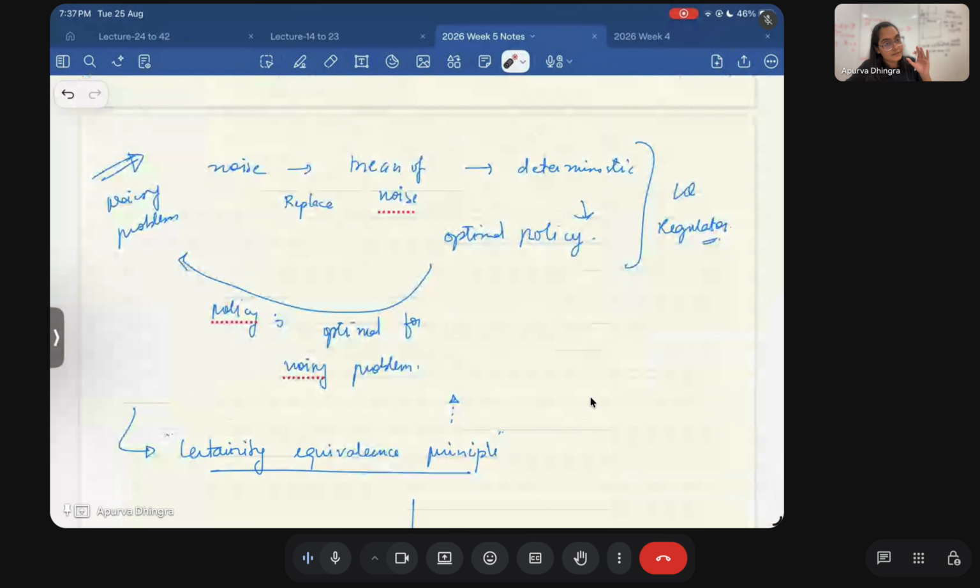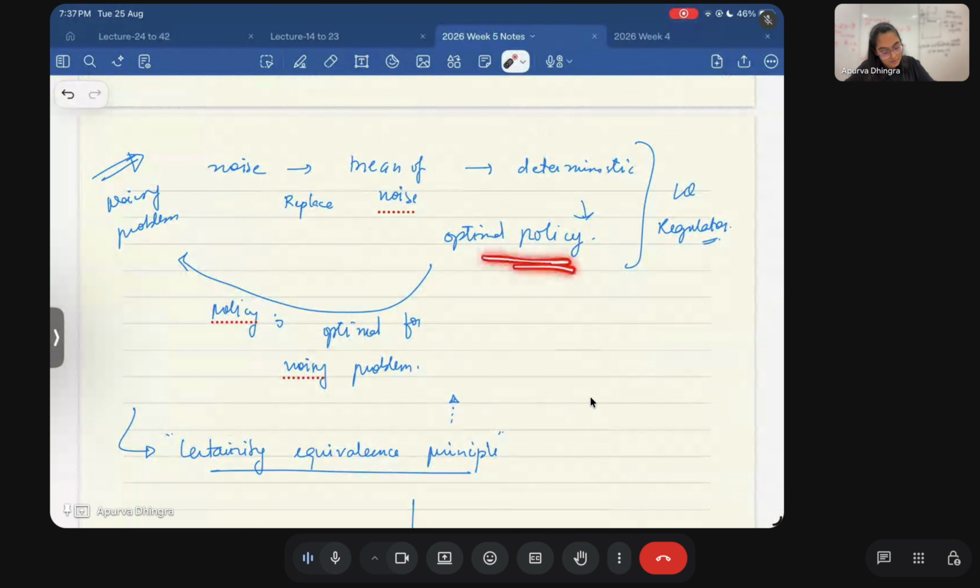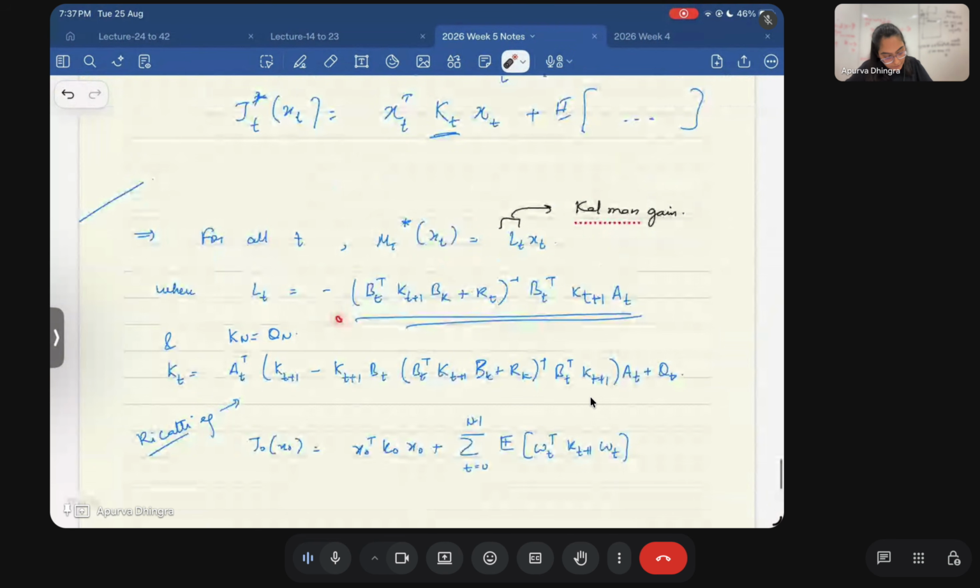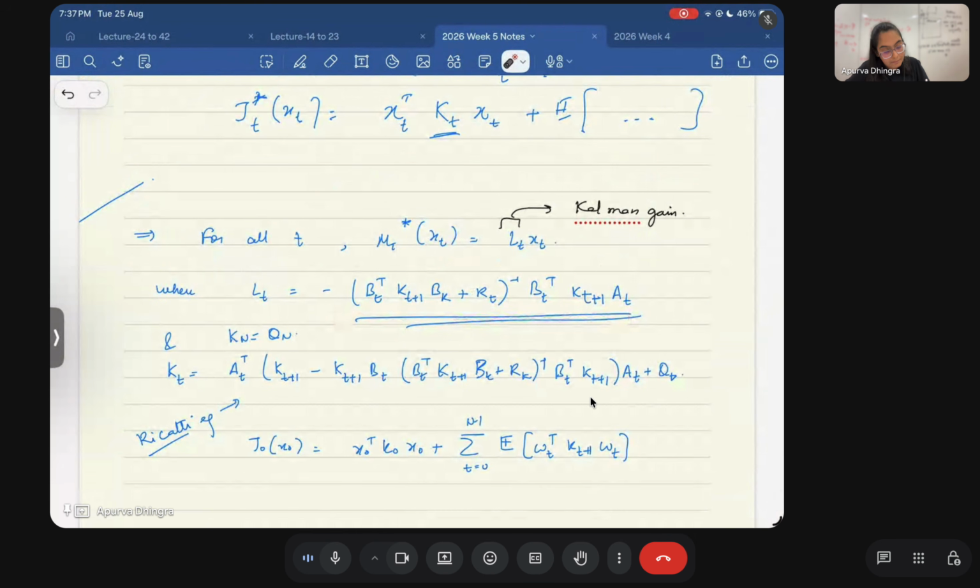What this whole part is telling you is, whatever is the optimal policy here will also be the optimal policy for your noisy problem. The point is, whatever LT you get here, it will be the same LT even if you took a different noise with just that the mean was same.